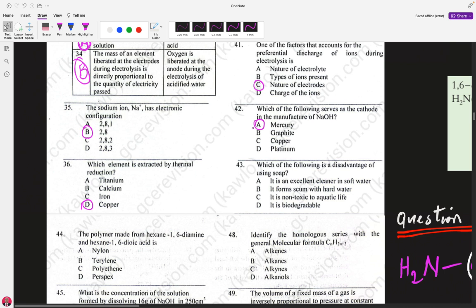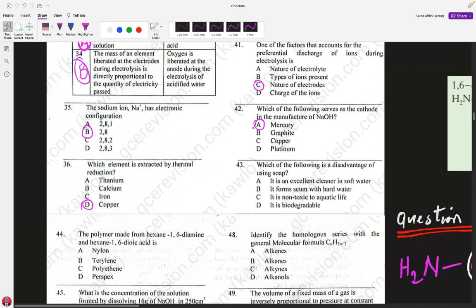So the question is, which of the following is a disadvantage of using soap? It is an excellent cleaner in soft water. No, that's not the advantage. We are talking of the disadvantage. It forms scum with hard water. That's what I was saying, that most people don't like to use it in their bath because it dirties the water.